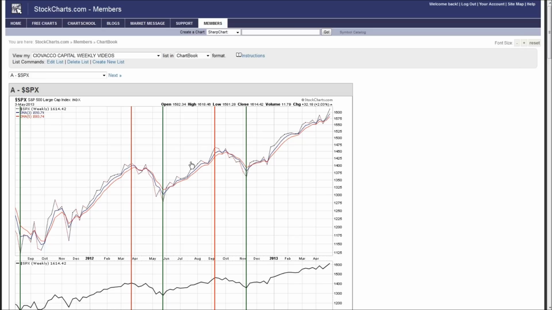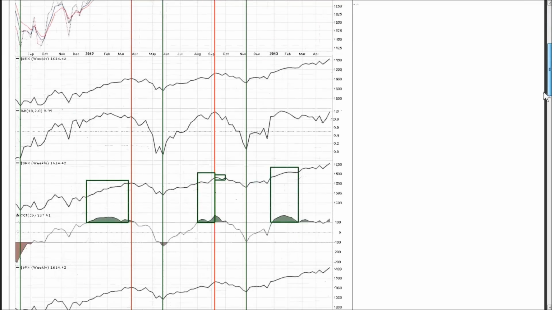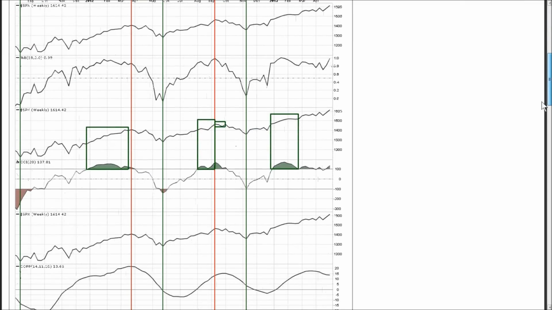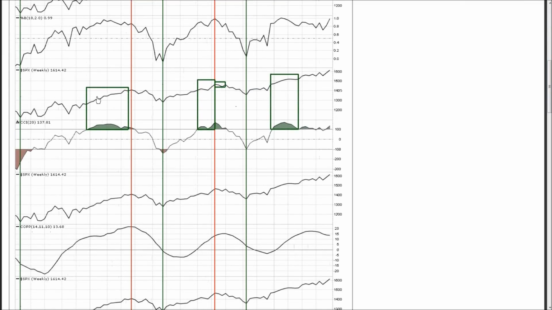If we scroll down here, you'll notice this is a peak in red, a bottom in green, a peak, a bottom. Some other indicators or rules that you can use to help out. Again, this is S&P 500 weekly. You'll notice weekly CCI. Good things tend to happen when CCI is overbought or over the 100 level here. So we're overbought, S&P 500 does well.